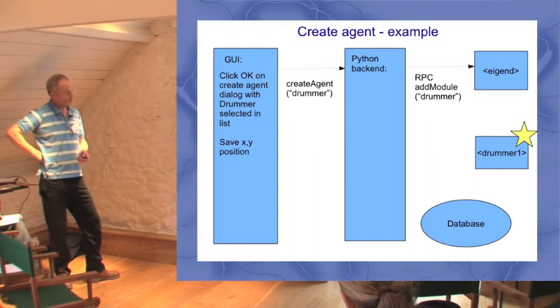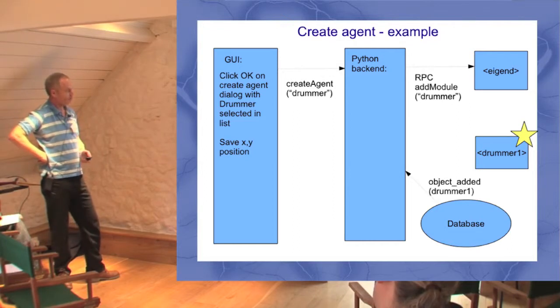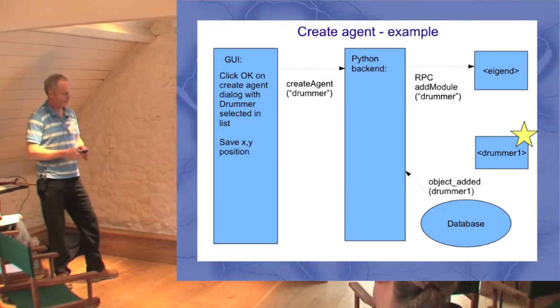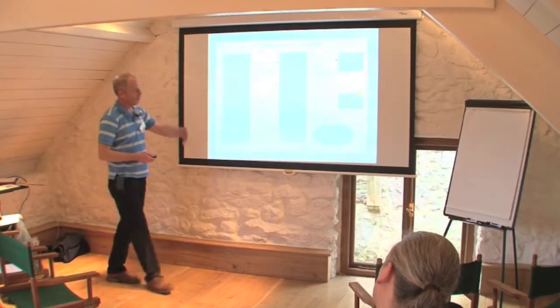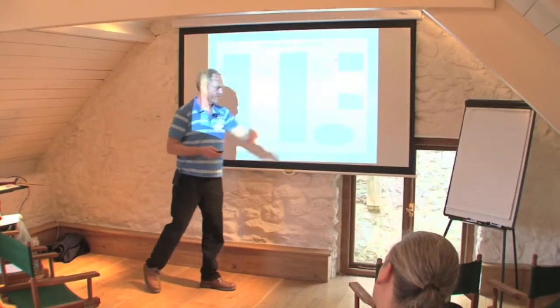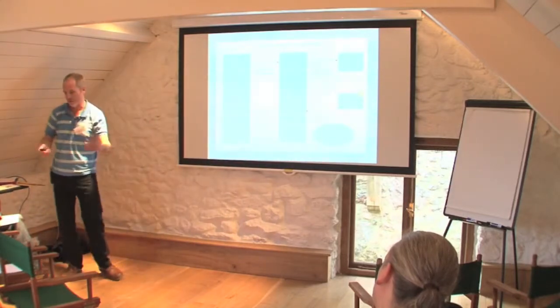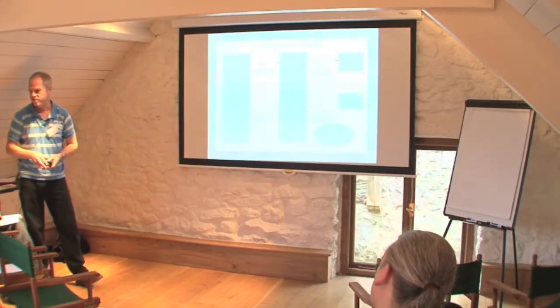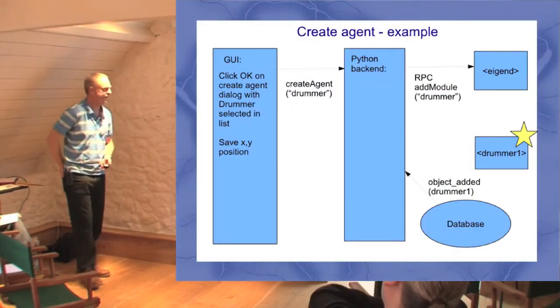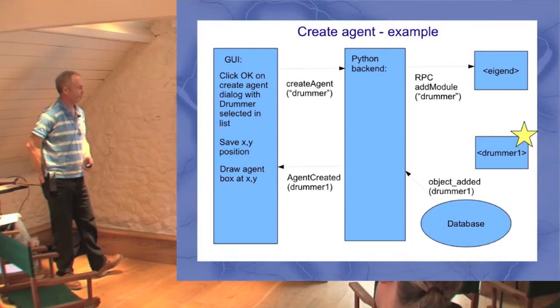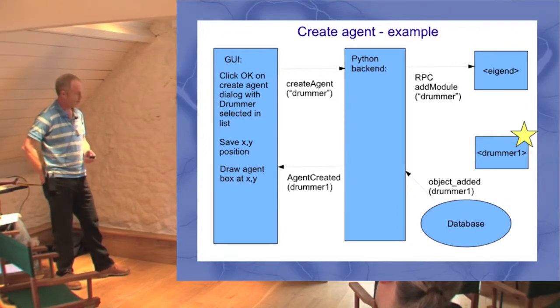Then the little database thing picks that up and tells the Python backend that a new object's been added. And of course, this is the same if you've created that drummer using some other Eigen commander or whatever. So yes, it's all fairly straightforward. We get an agent-created notification from the backend and draw the agent box on the screen.